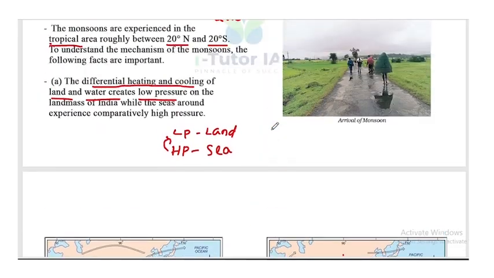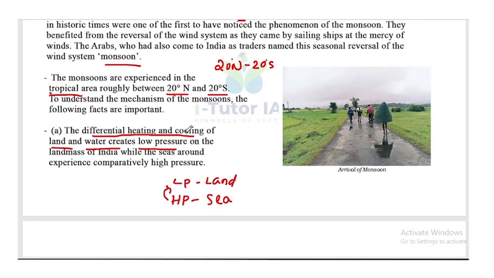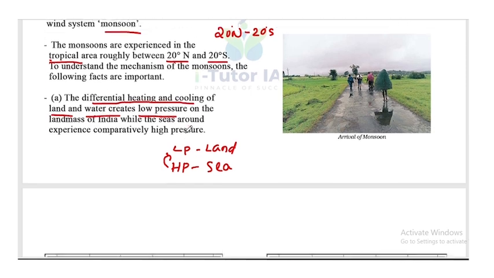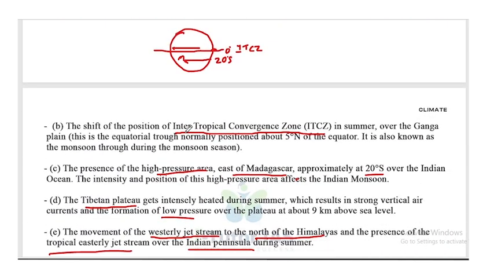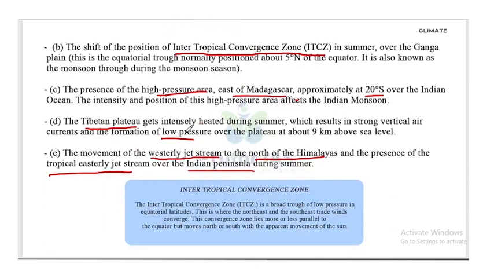First one is differential heating and cooling of land and water. It creates low pressure on land and high pressure in the sea. Second one is the shift of the position of the ITCZ in summer. Next one is the presence of a high pressure area east of Madagascar, which helps to intensify the Indian monsoon.